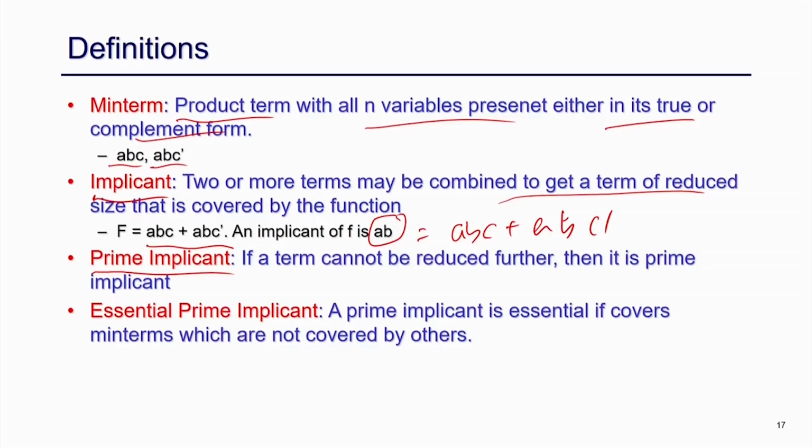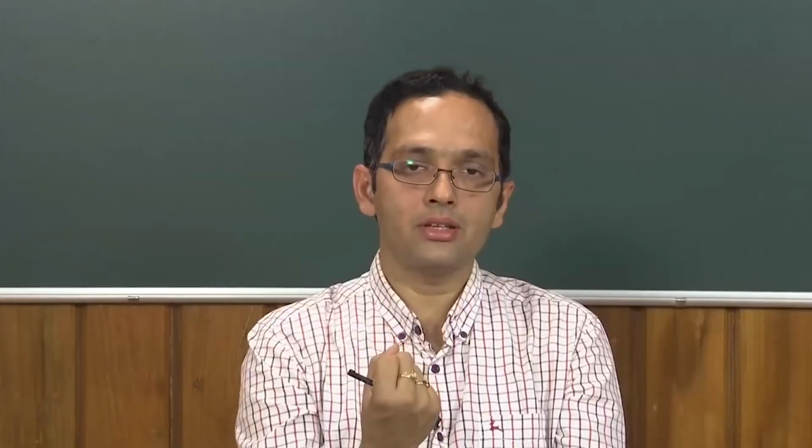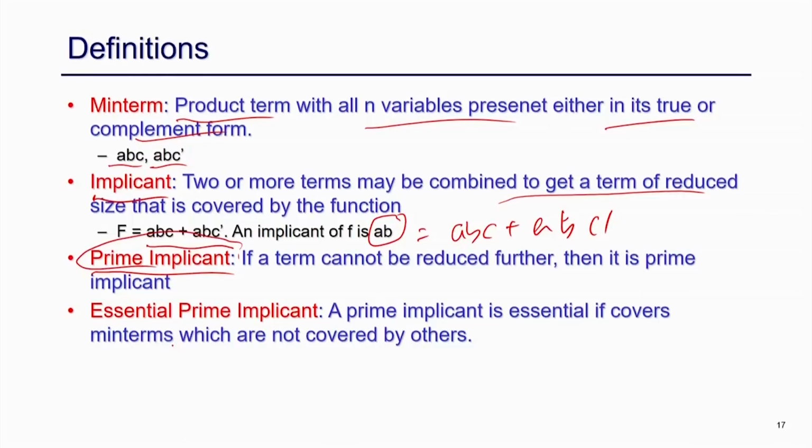An implicant is basically a product term which tries to cover more than one min term, and then we grow further and reach a saturation point which is called a prime implicant, because I cannot reduce the number of variables further to cover any other new onset term. If we try to grow further, it will cover some offset term, which is not correct. That is called a prime implicant, as I explained in this diagram.